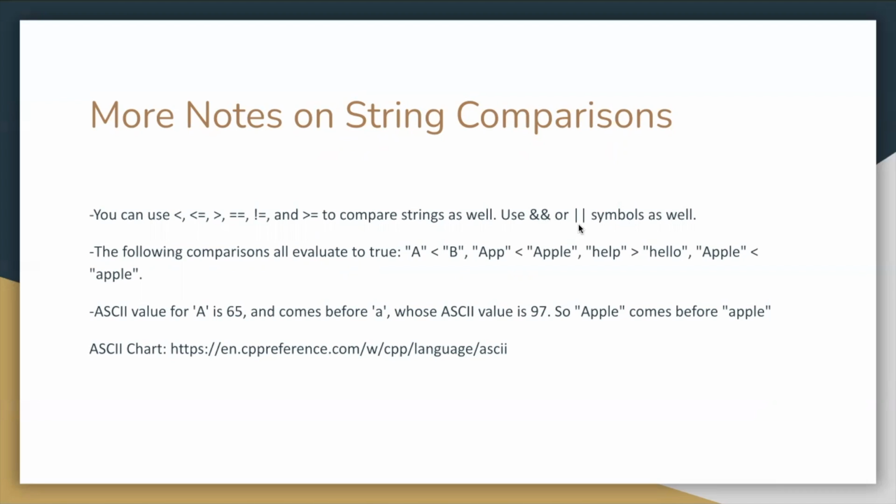Another scenario might be if you're using 2 strings to see if they're equal to each other or you want to see if 2 doubles are not equal to each other, you'd use this. So the main thing is this is like the joint symbol you can use. So again, to reiterate, these 2 symbols are used when we have multiple different things that we want to compare within one if statement, for example.